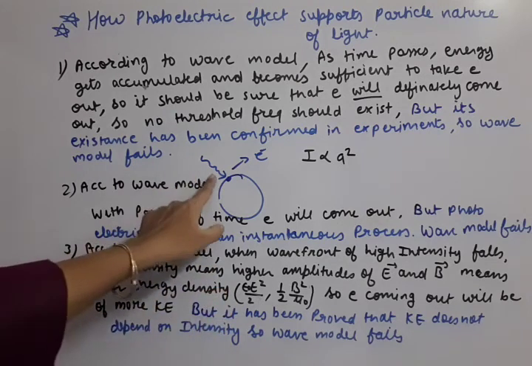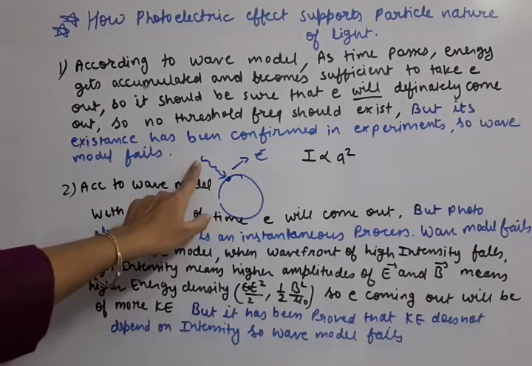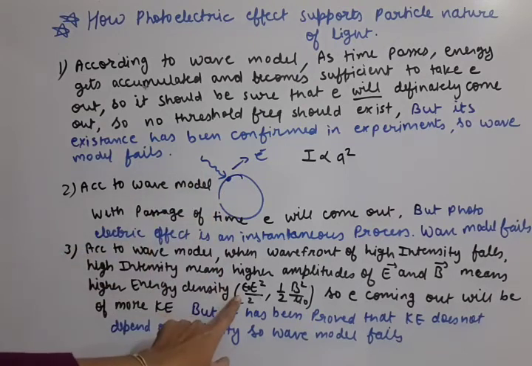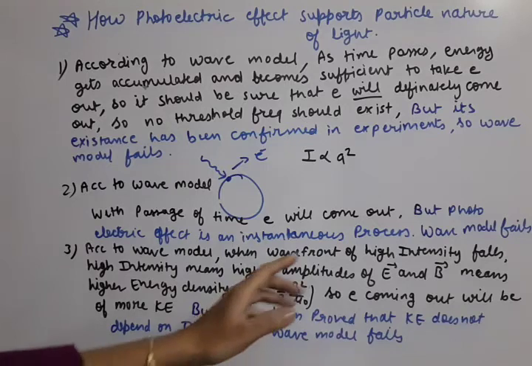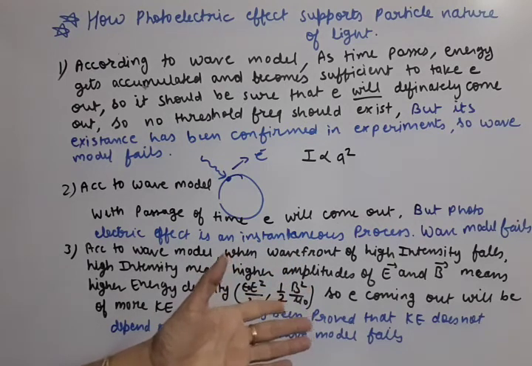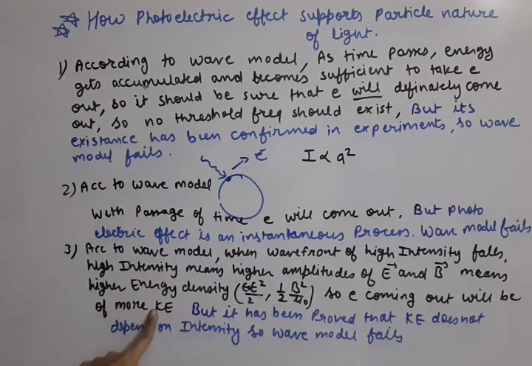The wave model says high intensity means high energy density, and high energy density means the kinetic energy of the emitted electrons will also increase. But this has not been shown. That's why this point is also ruled out. So finally, the wave model fails here also.